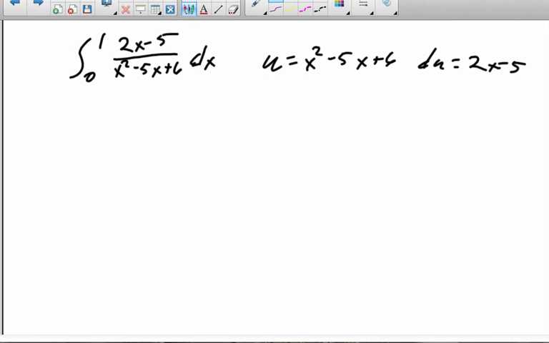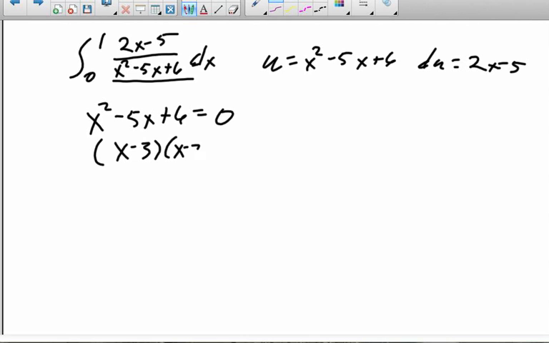So again, I've got du over u, which is going to make it kind of nice, except that we need to worry about when this is 0. So we take the denominator, set it equal to 0. This factors nicely, x minus 3, x minus 2. And I'm going to have discontinuities when x equals 2 and x equals 3.